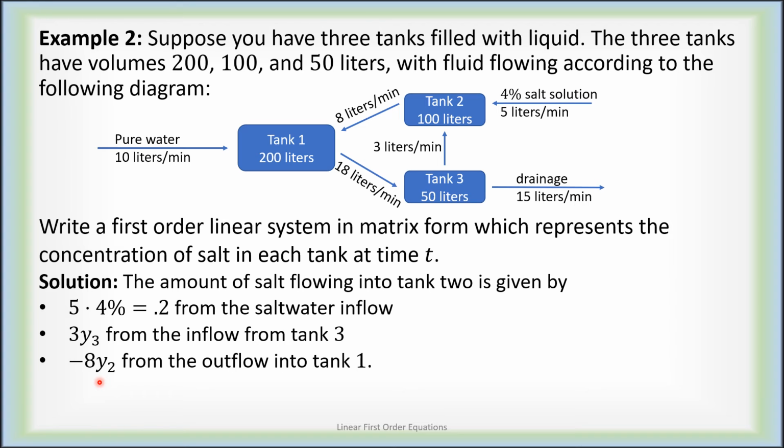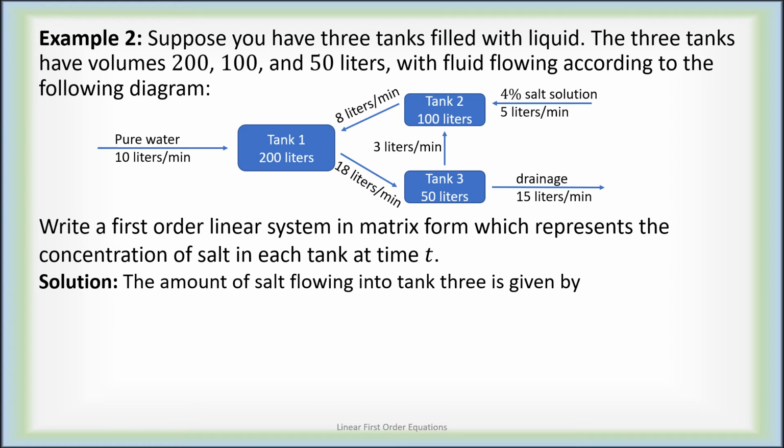So altogether, how is the amount of salt in tank 2 changing? The amount of salt in tank 2, 100Y2, changing, prime, is given by negative 8Y2 units flowing out, 3Y3 flowing in, and 0.2 units flowing in from this external solution.